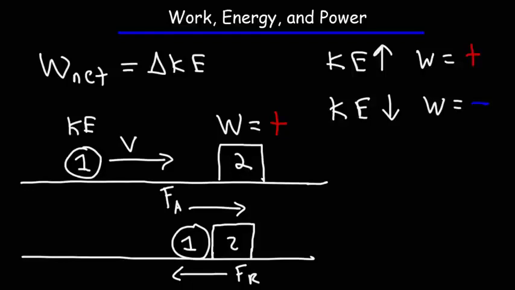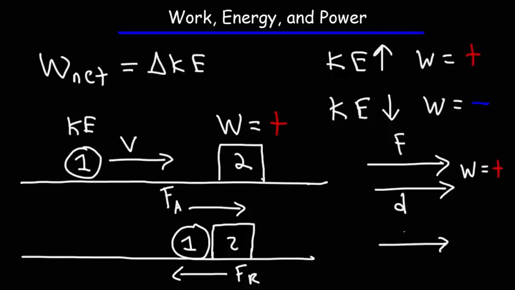Another way to determine whether or not a force does positive or negative work on an object is to consider the direction of the force and displacement vectors. If they're parallel to each other, pointing in the same direction, the work done by the force on the object is positive.